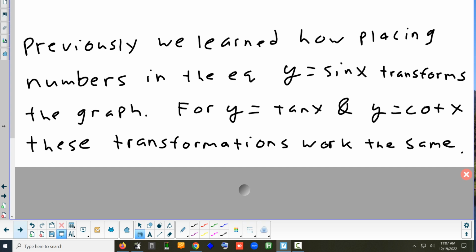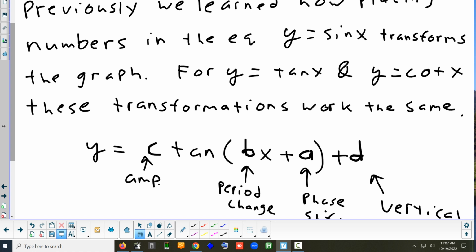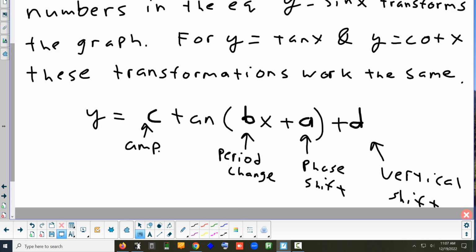All right, so transformations. What do you think is different about transformations here compared to everything else we've studied all year? Nothing. They are exactly the same. There is no difference when you do a transformation with tangent or cotangent as compared to anything else we've studied. So adding or subtracting inside, that's your phase shift. And phase shift is just a fancy way of saying horizontal shift.